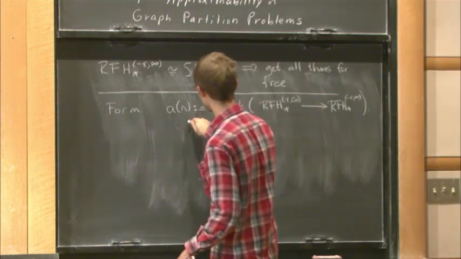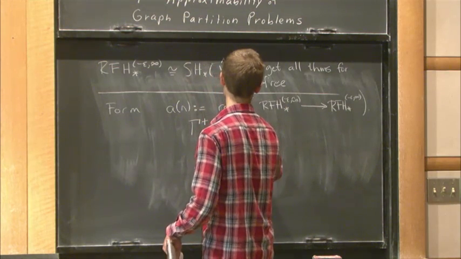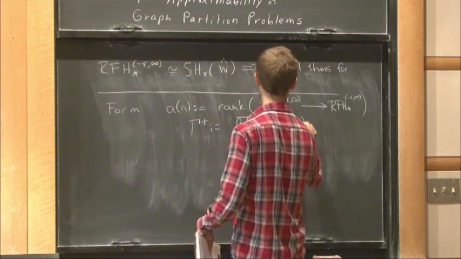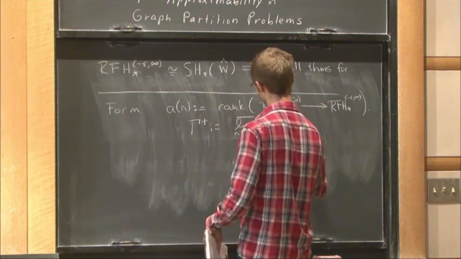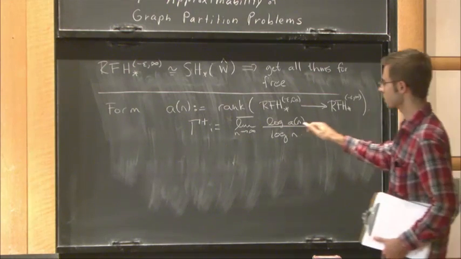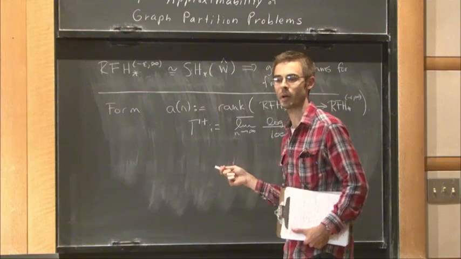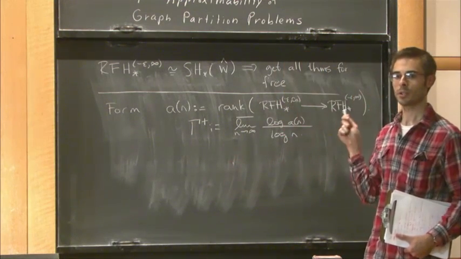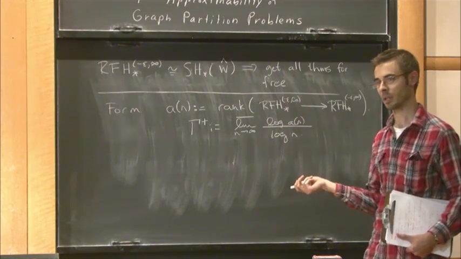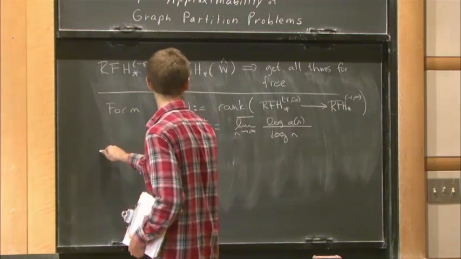And then I'm going to define gamma plus to be the log limit of this: the lim sup as n goes to infinity of log of A n divided by the log of n. The reason I'm using this is that if this is equal to 1, you have linear growth for the homology. And what you get for a p-loop is precisely linear growth of the chain complex, and that's going to allow me to complete the argument in a little bit.